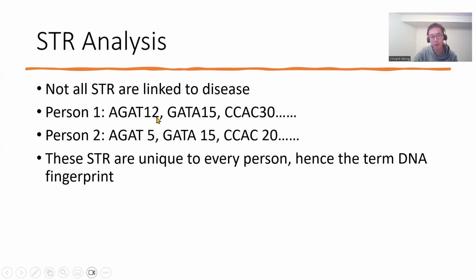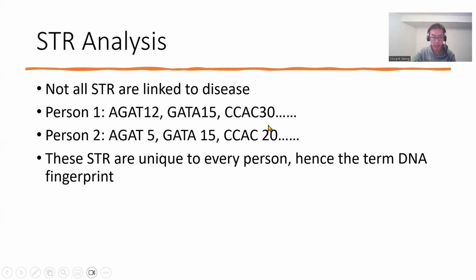So instead of 12 repeats, it only has 5 repeats. Then you can look at another tandem repeat. This one repeats 15 times in both, so that's the same. But when I look at the third one, it's 30 and 20. So if we compare all the STRs in a person, we get a very unique combination for all these STRs. And that's why it's called DNA fingerprinting.